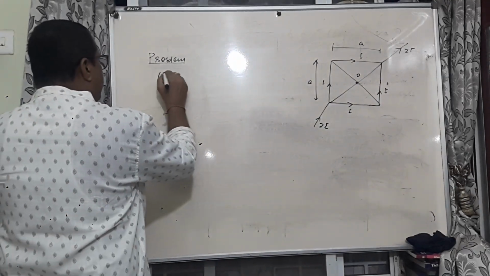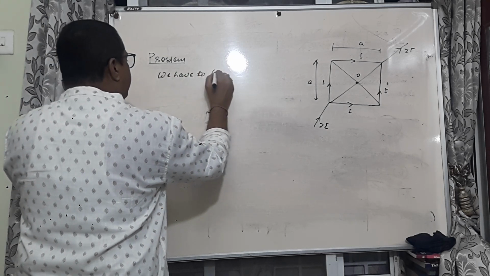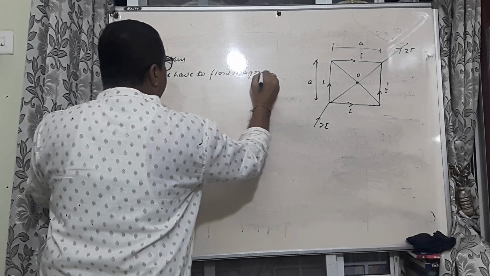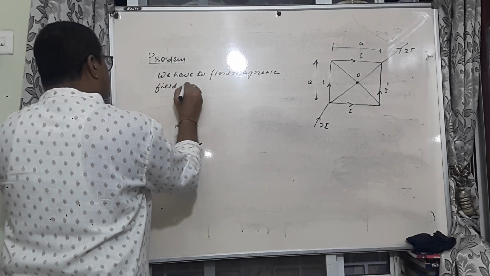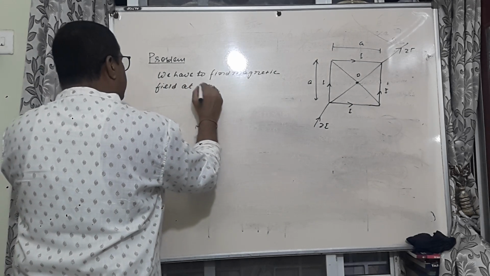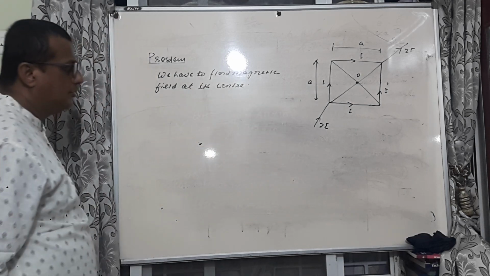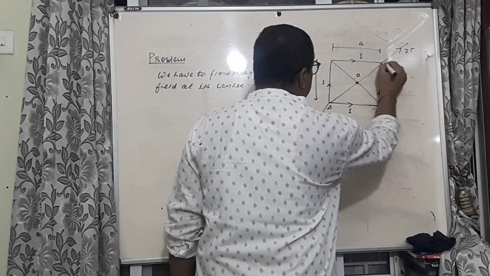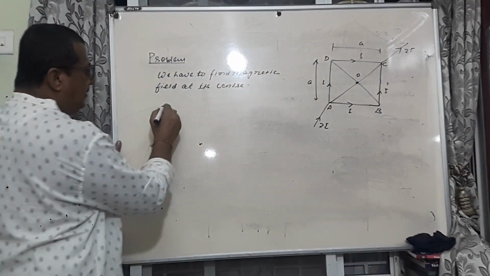We have to find the magnetic field at its center. So first of all indicate the names A, B, C, D. First of all we find the magnetic field due to AB.